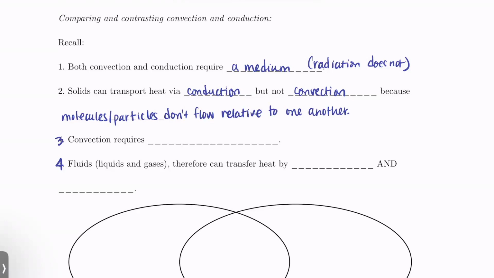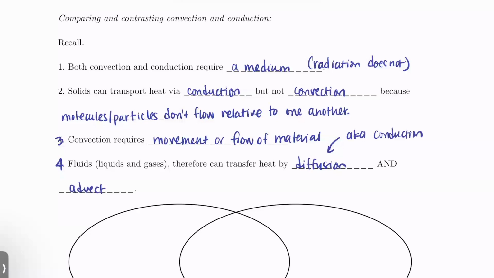And so because of that, liquids and gases can flow relative to one another. Therefore, for a liquid and a gas, heat can be transferred by diffusion, which is another way of saying conduction, and advection. So this is transport due to fluid motion.